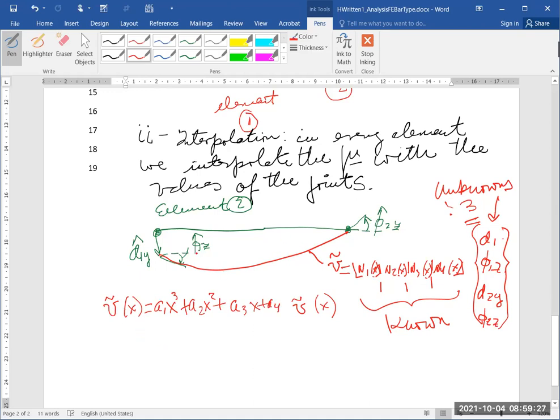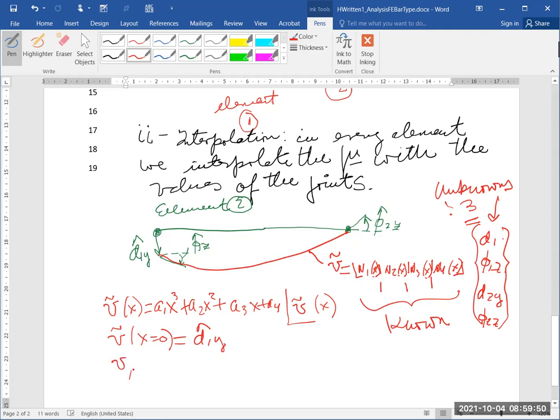And since we are interpolating, A1, 2, 3, and 4 will be found such that V evaluated at this point has to be equal to what? D1y.